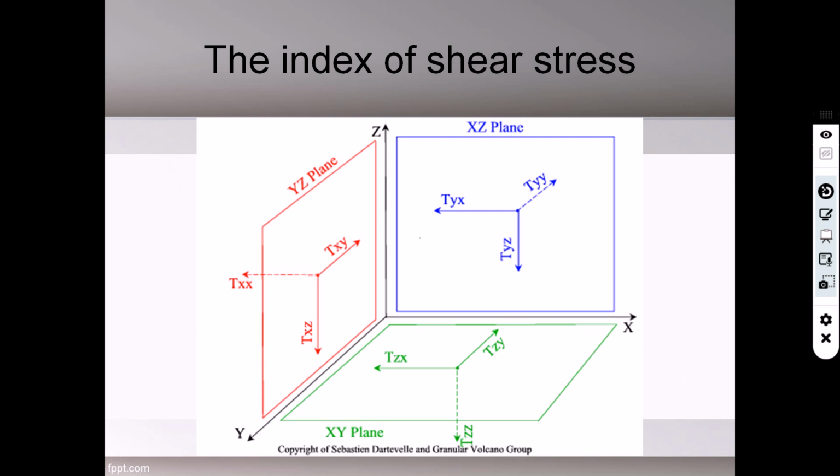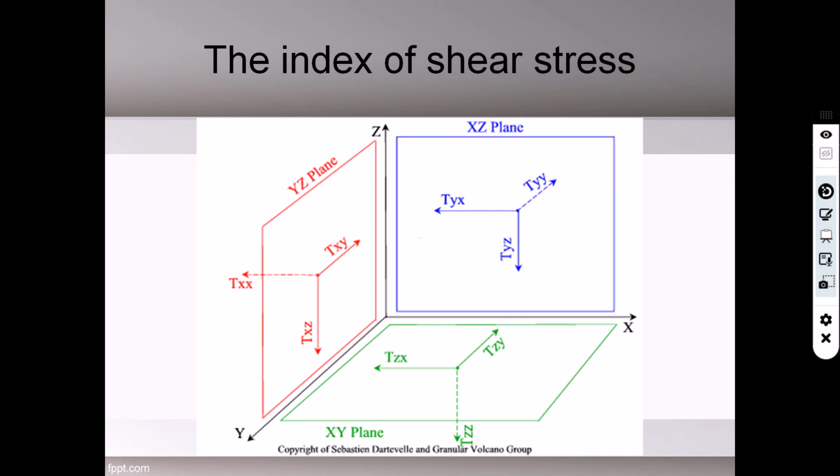So think about that. You have a shear stress, and you need an object, so the shear stress can act on that object. So this first index describes that surface, the object. Okay. And the second index is very easy. It indicates the direction of the force.